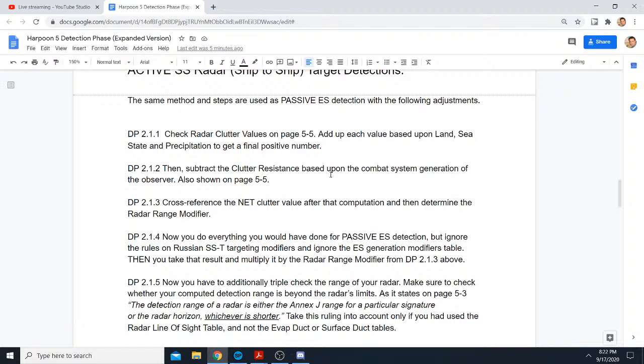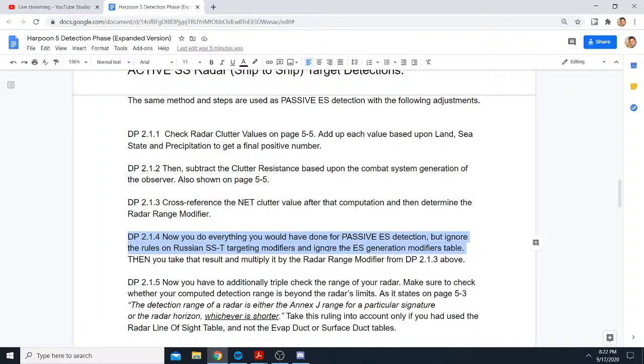It's basically the same method. The main difference is that you ignore the SST targeting modifier as well as the ES generation modifier. In effect, all said and done, the main things you ignore are any of those caveat modifiers, any of the SST targeting modifiers.